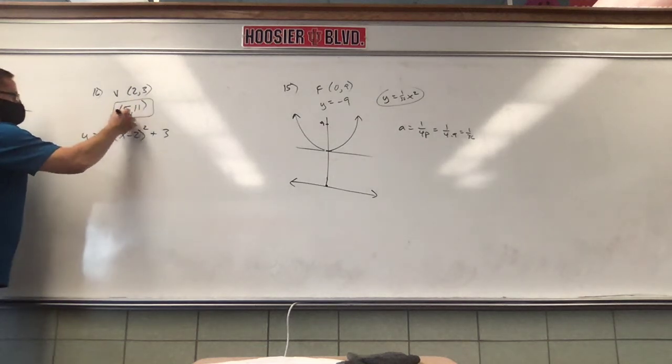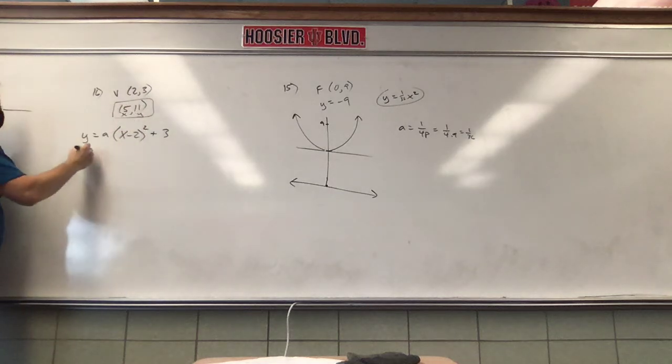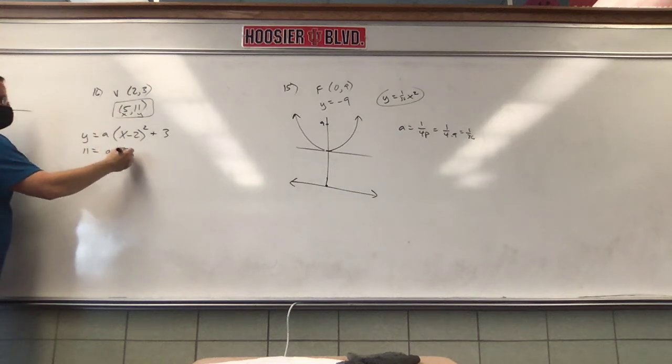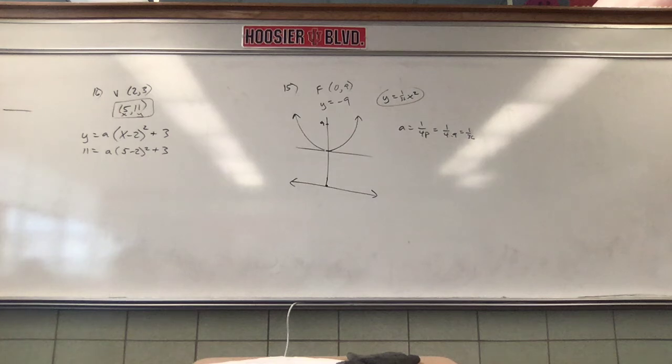5, 11. That's an x, that's a y. So we plug in for y, 11 equals a, 5 for x, minus 2 squared, plus 3. We plug in our vertex, then we plug in our other point. Then we clean it up. 11 equals, I'm going to skip a couple steps here.